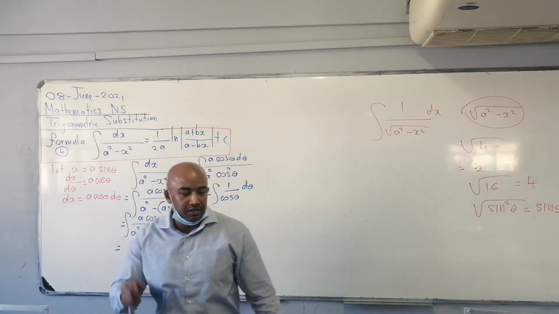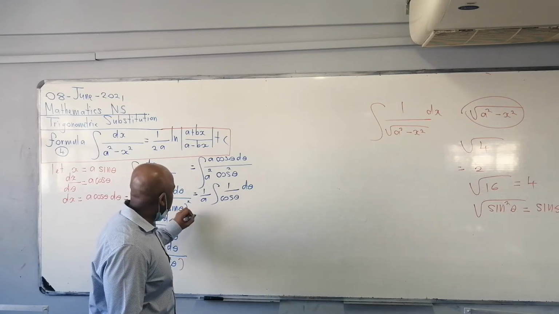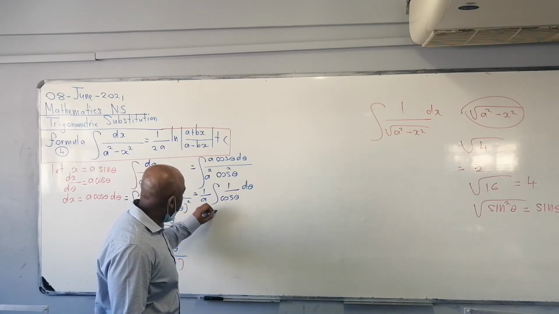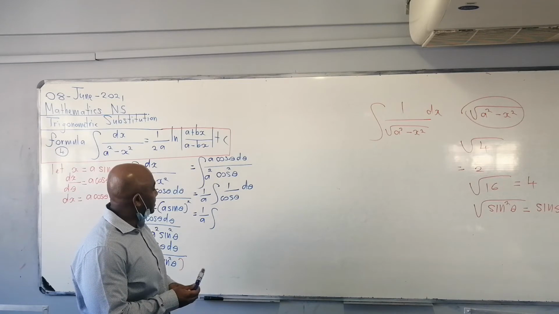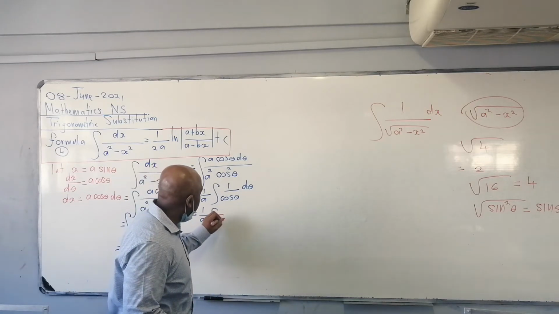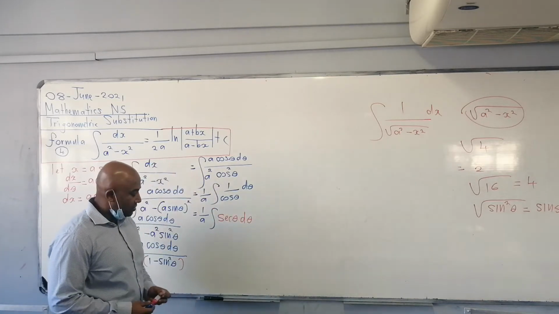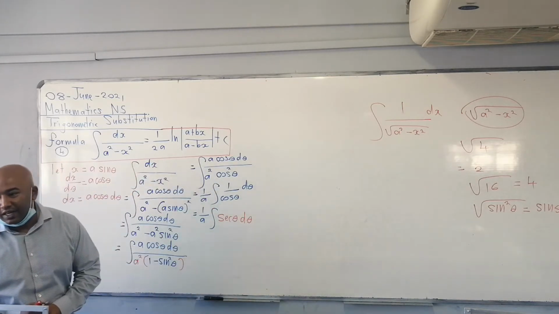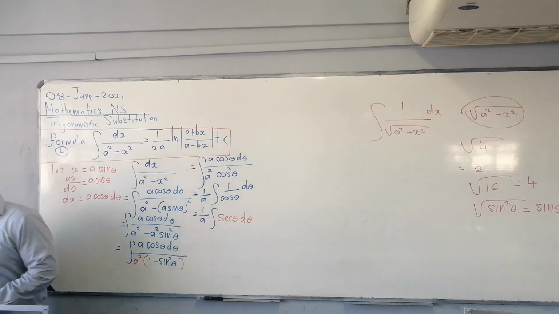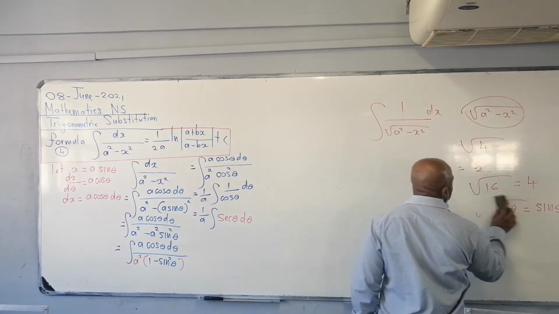Because cos will cancel in the numerator, now I need to integrate 1 over cos. So I've got my 1 over a there. Using your identities, 1 over cos is equal to sec theta. Alright, so now we need to integrate sec of theta. What is the formula to integrate sec theta? Now you can go to your formula sheet.